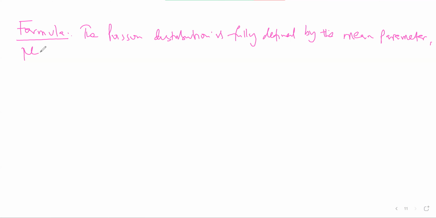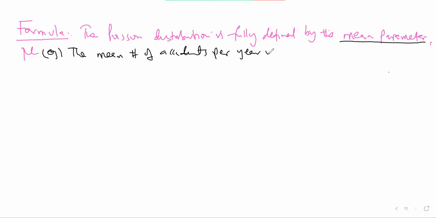For example, you can be talking about the mean number of accidents per year on a certain highway, or maybe the mean number of accidents per year in a certain workshop.